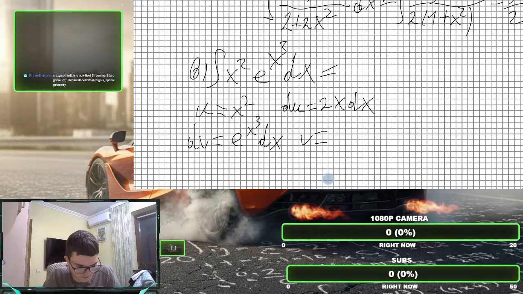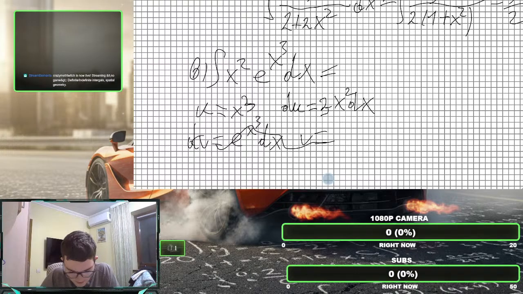So in this case we would use u substitution. Okay, so for u substitution here is this: du will be 3x to the second power dx.